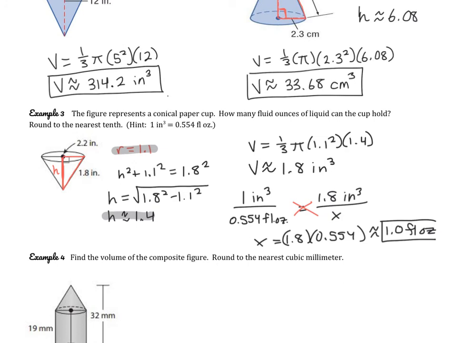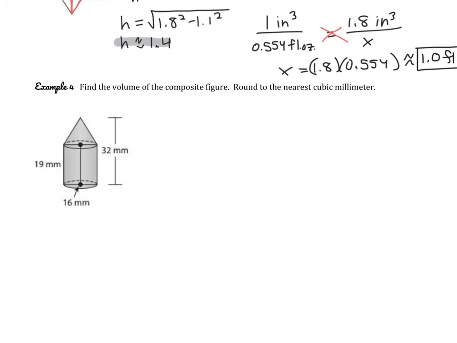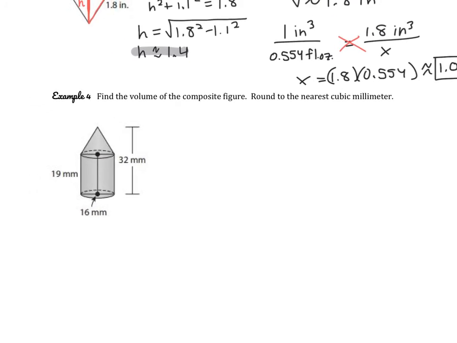Okay, so now we can move on to our last example, example 4. So here we're asked to find the volume of the composite figure, and we're going to round to the nearest cubic millimeter. So you can see here that we actually have a combination of a cone and a cylinder.